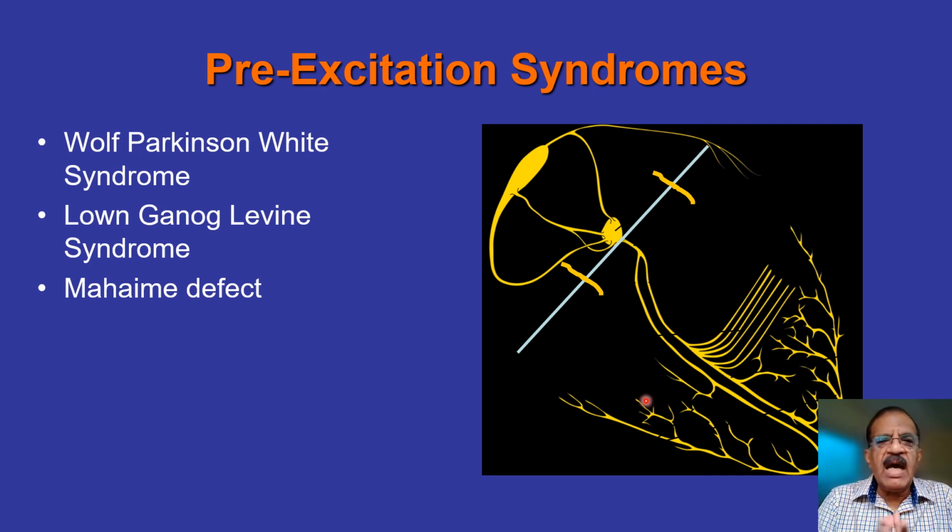So ventricles are getting depolarized from two pathways. A small portion will be depolarized from the anomalous pathway, but the rest of the ventricle will be depolarized from the normal conduction system. So the initial part of the QRS complex is from the abnormal pathway, and the later part of the QRS complex is from the normal conduction system. So this we will also discuss in a separate module.